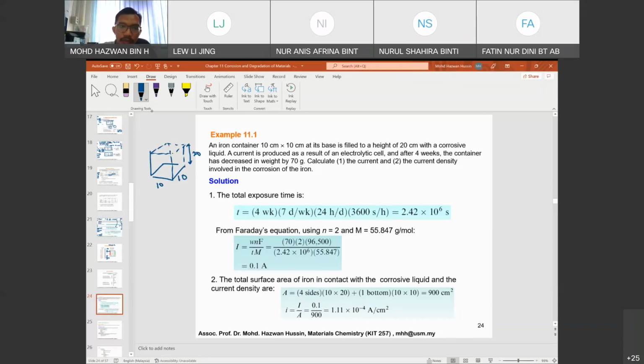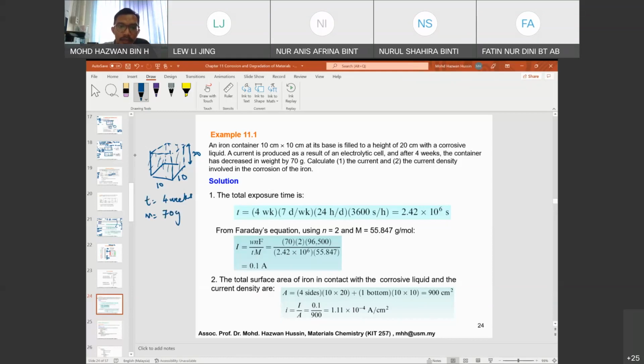We assume that this container has an open lid. The corrosion region will be at the sides of the container. What other information is given? Time is 4 weeks. Mass loss is 70 grams.